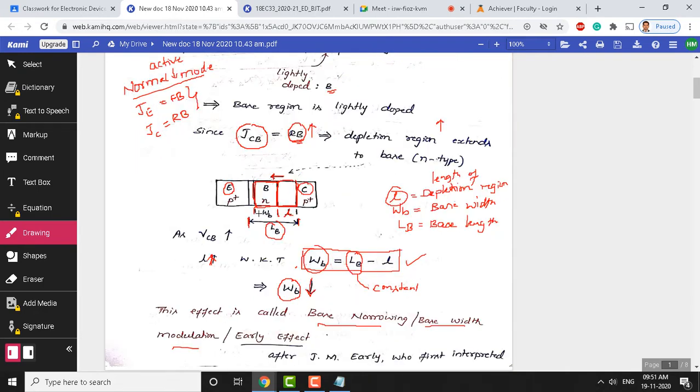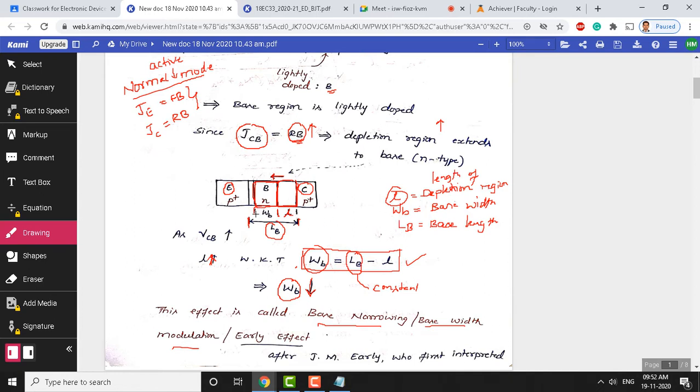Let us look at the various parameters here. The small l is the length of the depletion region, and it is proportional to the reverse voltage. As the reverse voltage increases, l keeps increasing. So l is the depletion length that is proportional to the reverse voltage we apply to the collector base junction, and WB is the base width.